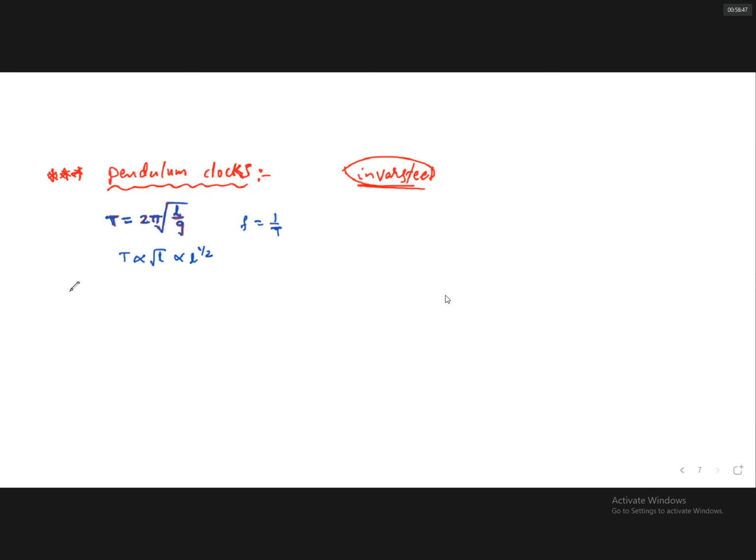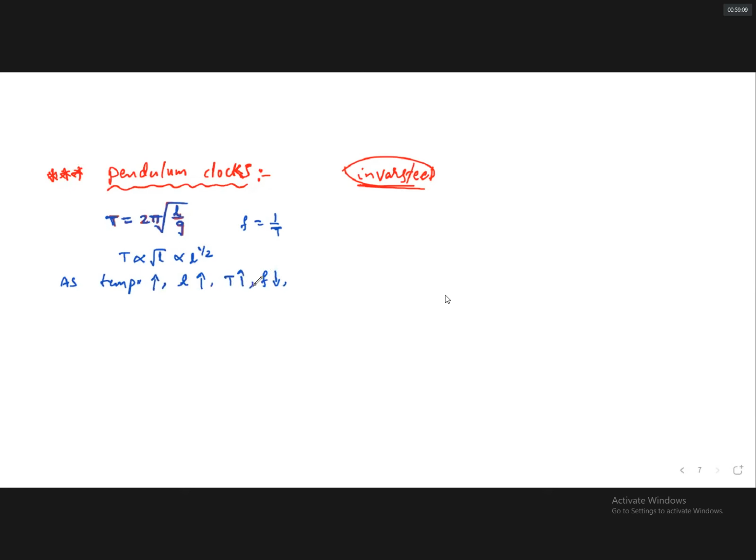Now, as temperature increases, the length of the pendulum increases, the time period increases, and the frequency of oscillation decreases.